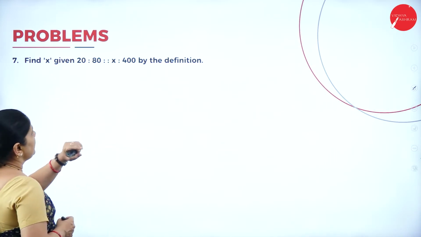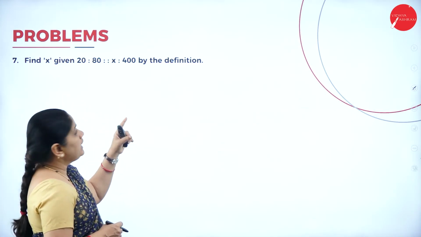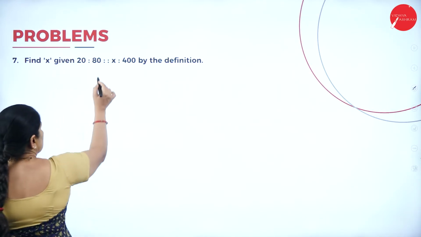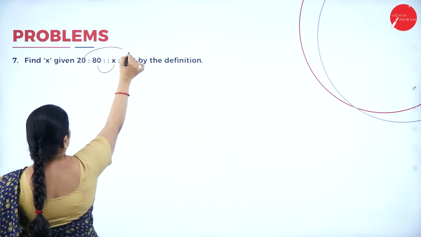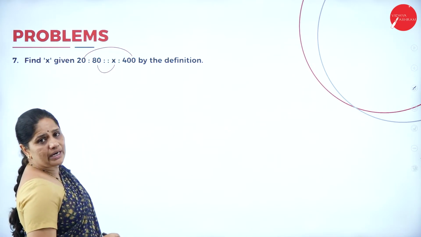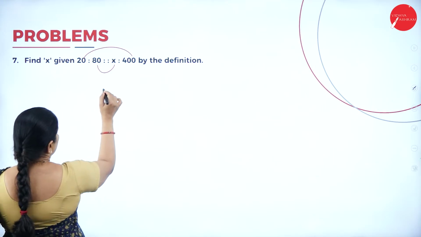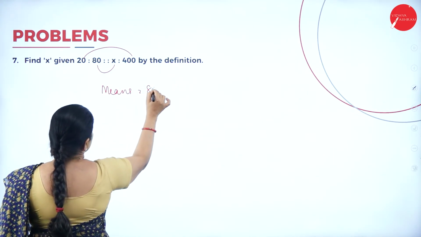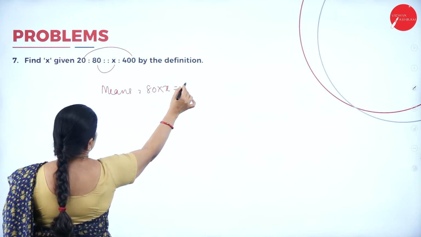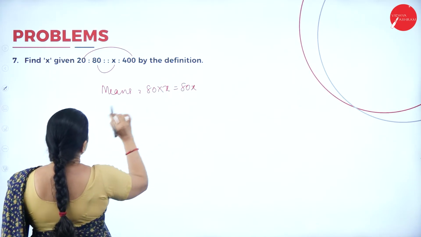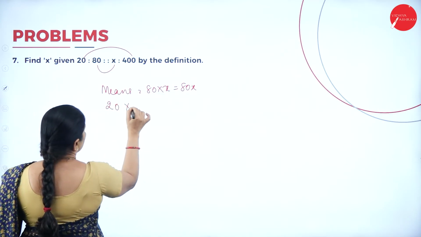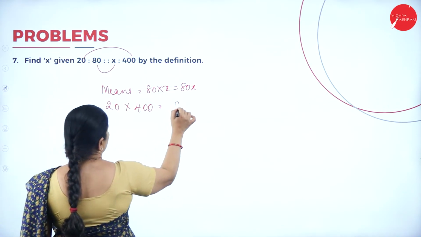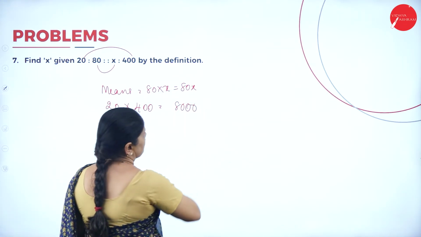Find x given 20 is to 80 as x is to 400. By the definition, we know that the product of the means is equal to the product of the extremes. So means equals 80 into x, that is 80x, and 20 into 400 will be equal to 8,000.